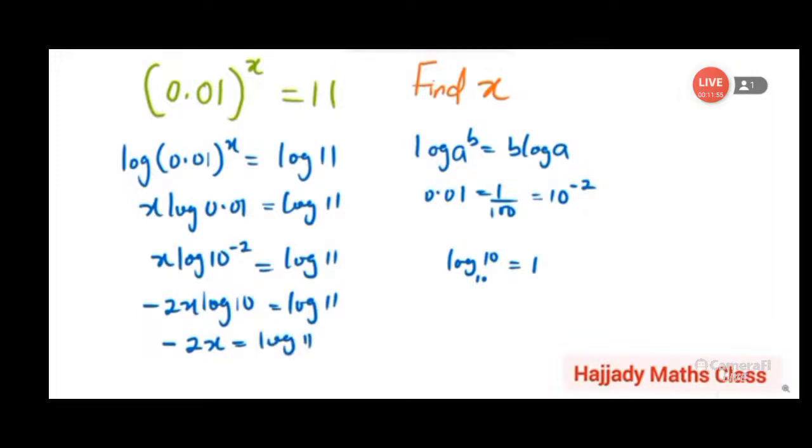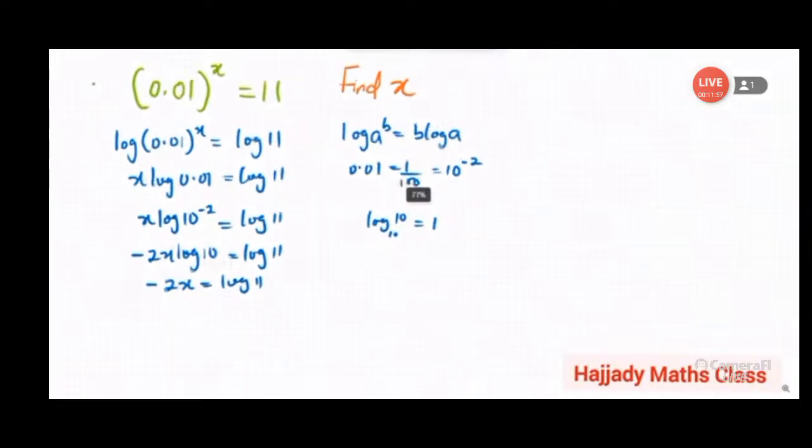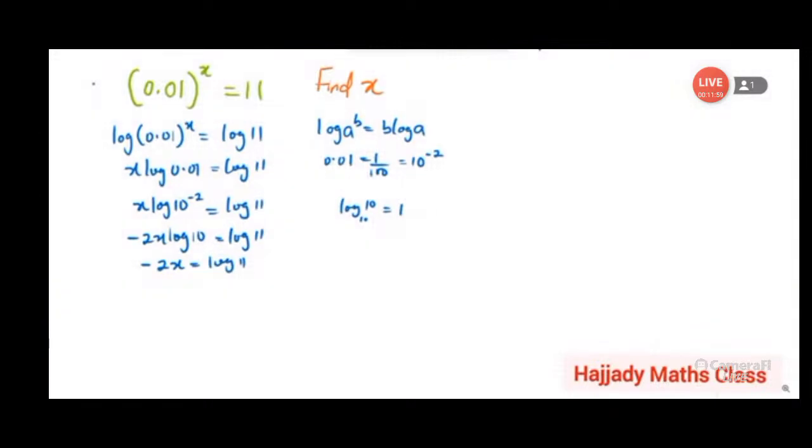So from here, dividing both sides by negative 2, so here I'm going to have x equals negative 1 over 2 log 11. And still using the first law of logarithm here, if I have b log a, it's still the same thing as saying log a raised to power b, right?